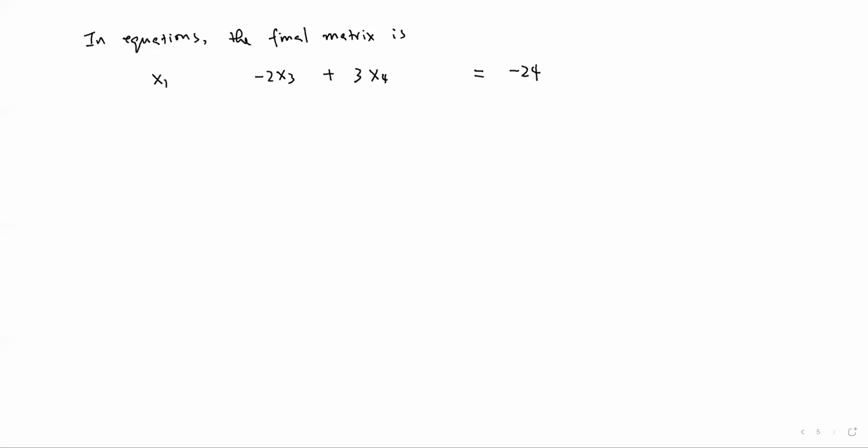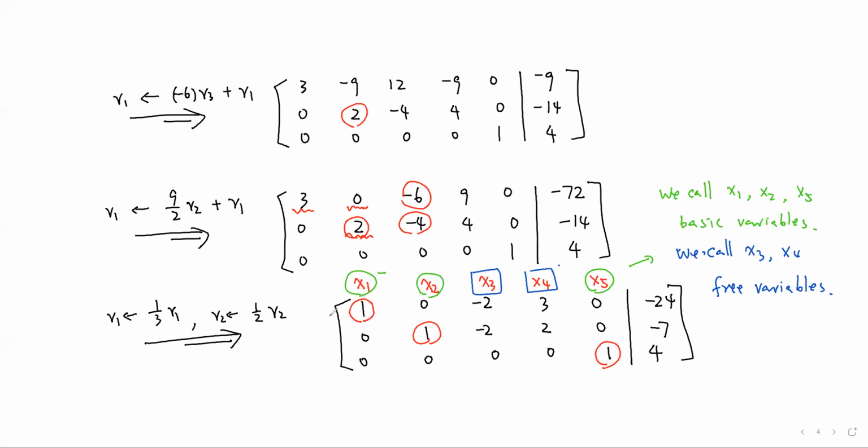Second row is an equation. Coefficient of variable x1 is 0. So second equation has no x1.